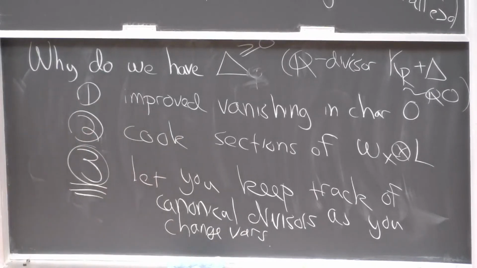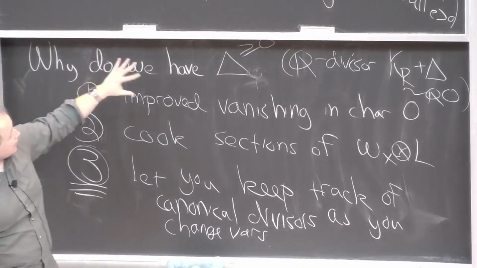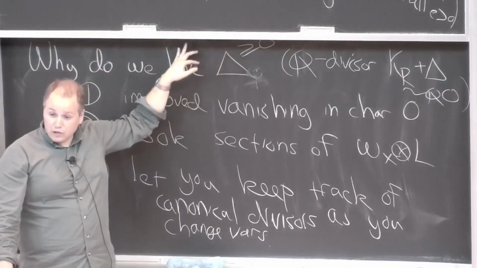And so this is something I think we all know. If I have a map of smooth curves, I can relate the canonical on the top to the canonical on the bottom by a ramification divisor. And so actually, these deltas can be used to do that.